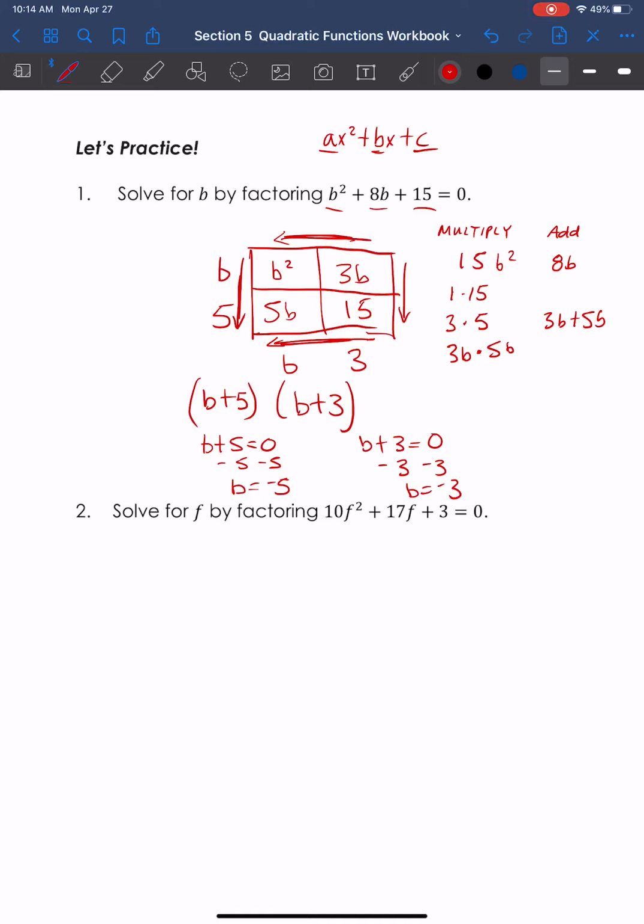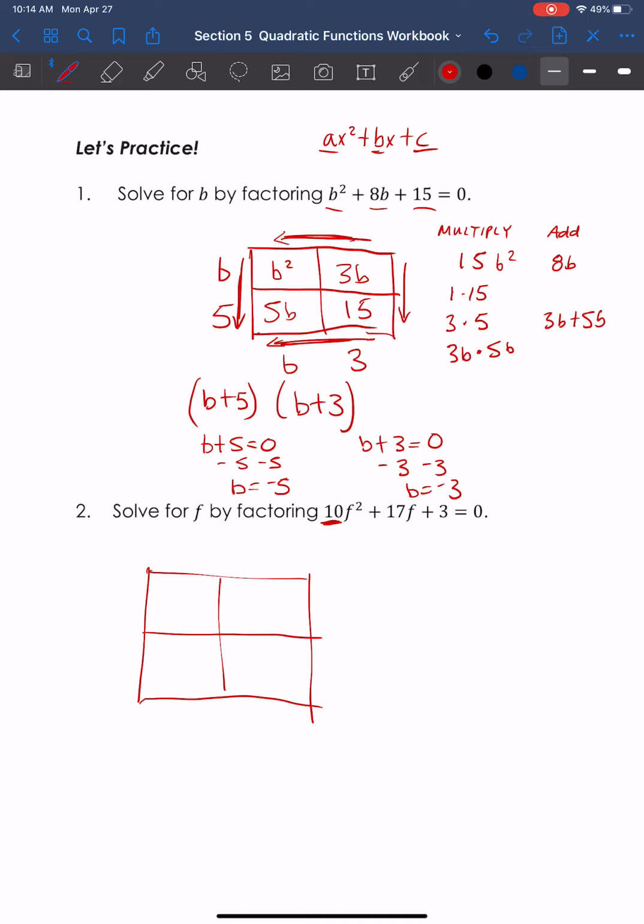In this case, the coefficient of b squared was equal to 1, but now we have a coefficient that is greater than 1. We can still do the same thing here: set up our area model.